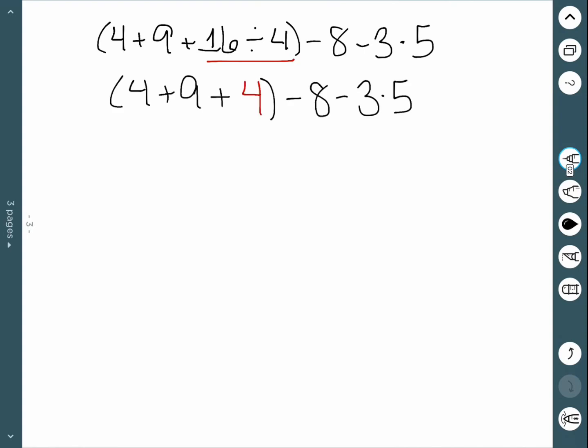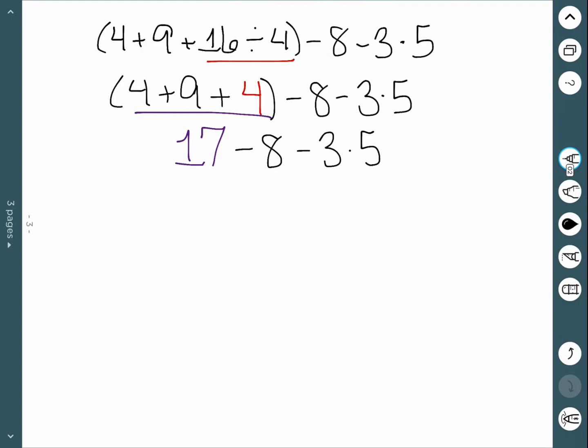Now that we've done that, we want to continue inside of our parentheses, and we can see the only thing we have left is our addition. So we just need to add these 3 numbers. And we can do this in 2 steps if we want, but since we're just adding 3 numbers, we could just add 4 plus 9 plus 4. Now that we're finally done with our grouping symbol, step 2 is exponents and roots.